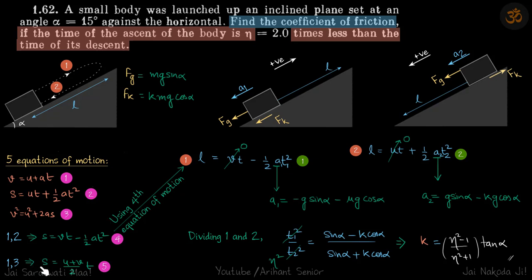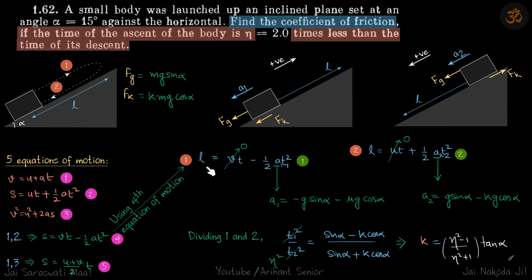The fifth equation you get from 1 and 3: if you put the value of a from one into the other, you get s is equal to (u plus v) by 2 into t. The fourth and fifth are not as frequently used as 1, 2 and 3, but sometimes they make our job much easier, for example in this problem.